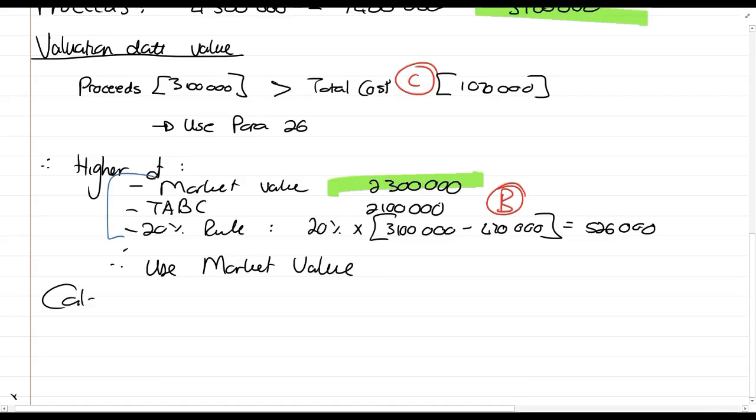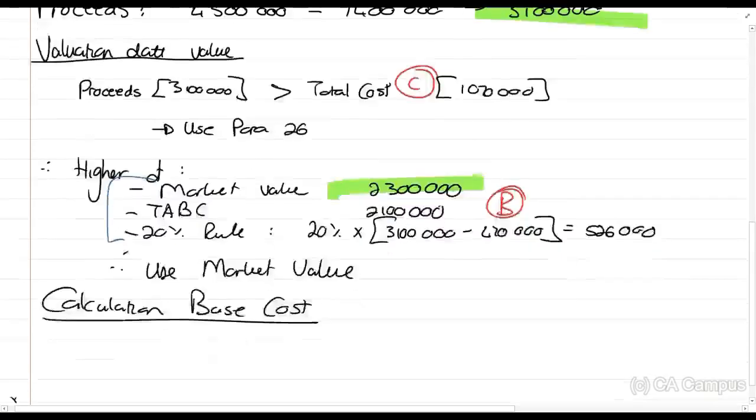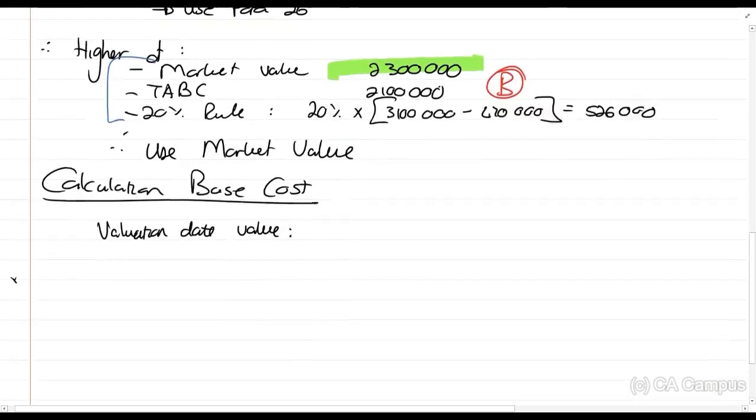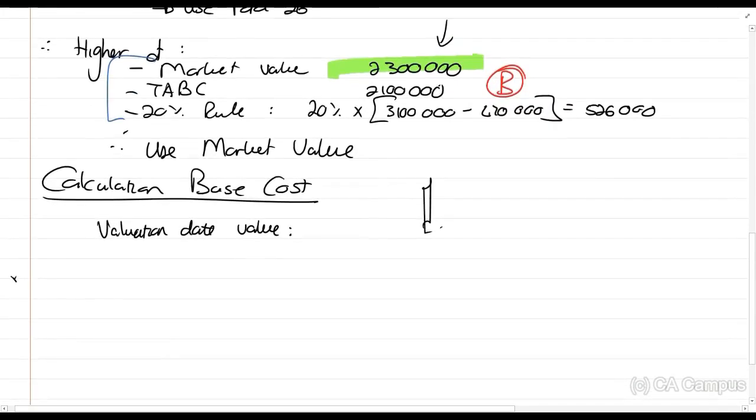Now we need to calculate our base cost. So how do we calculate the base cost in this case? So now you just put down this formula that you know. It is the valuation date value, which we just chose to be 2.3 million rands, plus other costs after 1 October 2001.